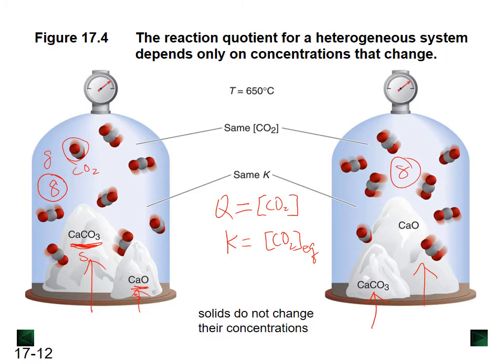When the reaction reaches equilibrium, they give you the same amount of gas phase CO2, and the pressure is the same, because the reaction is only determined by the gas phase CO2. The solid doesn't count for the equilibrium constant.